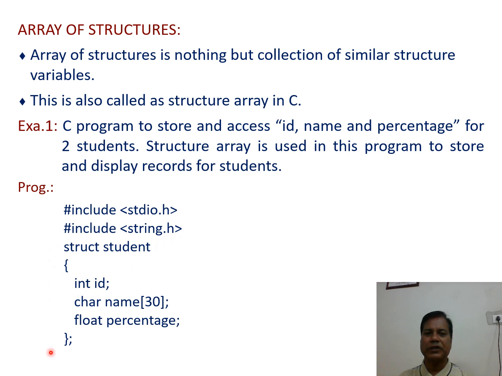Then we declare a structure student. This structure student has three member definitions: int id, char name and float percentage. That is for storing the ID of the student, the name of the student, as well as the percentage of the student, that is marks in percentage.